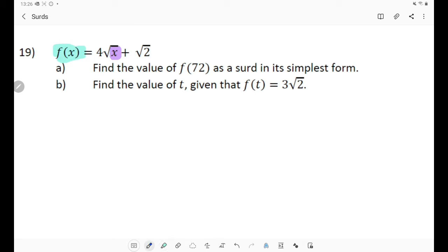So whatever value you put in, if it's x equals 72, that's you finding the function of 72, f 72. Okay, f72 therefore means that you just replace anywhere there is an x with 72. So far, so good.